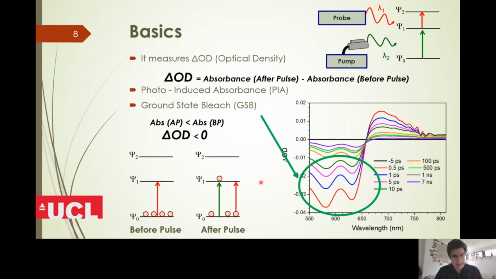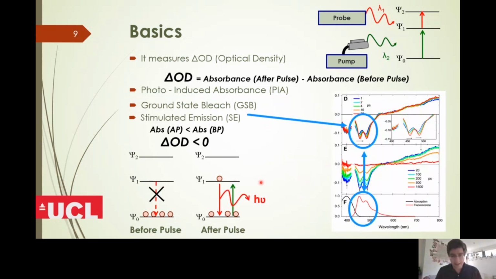Another thing that you can see is stimulated emission. For example here, the stimulated emission is just the PL of your molecule. Before the pump, you're not exciting your molecule, so you're not going to have any PL. But after the pump, you're going to have some excited states, and through relaxation, they're going to be able to emit some light.